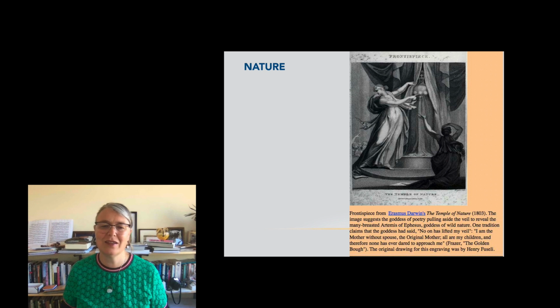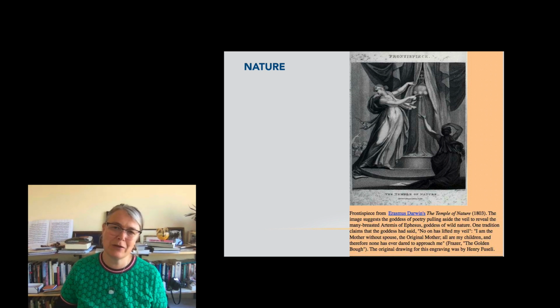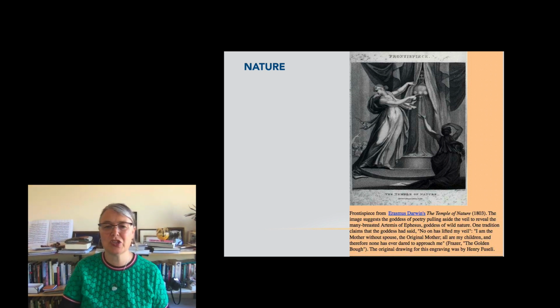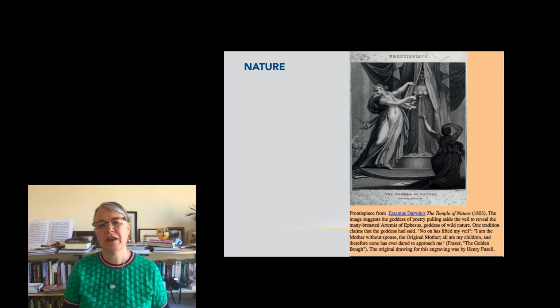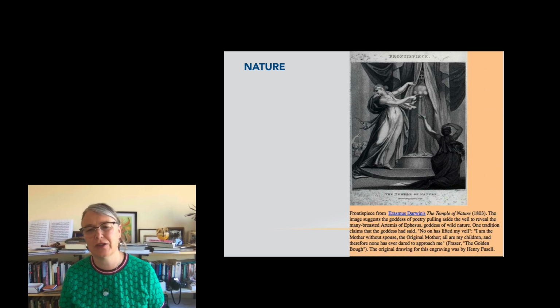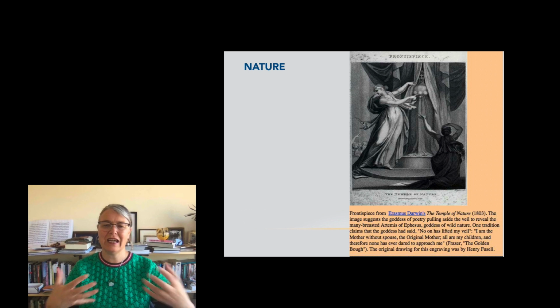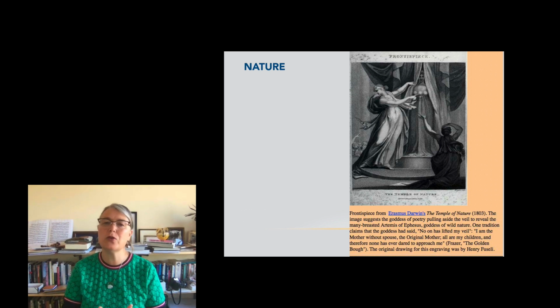And as you can see in this frontispiece from Erasmus Darwin's book, Erasmus being Charles's father, the goddess of poetry, so art, pulls aside the veil and shows us the goddess of wild nature. So together art and nature are fused, and art and nature reveal each other to us.